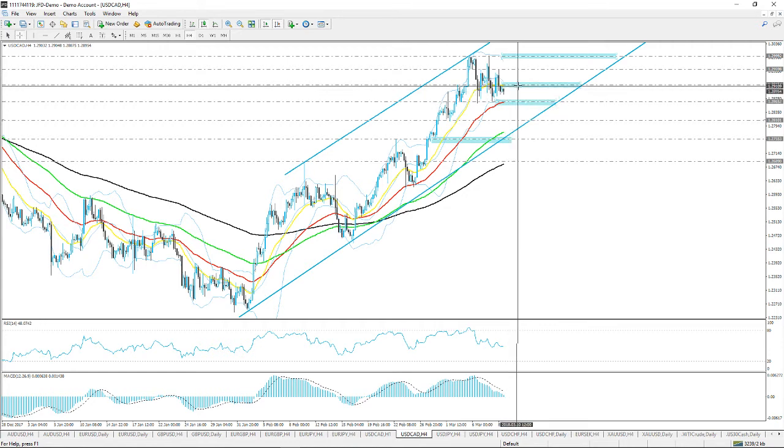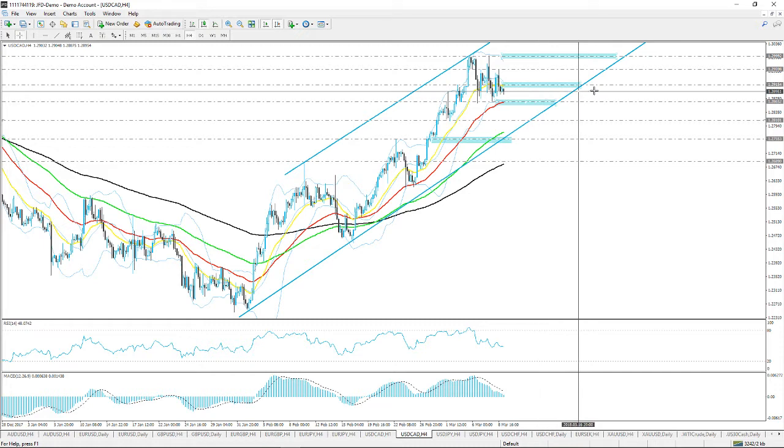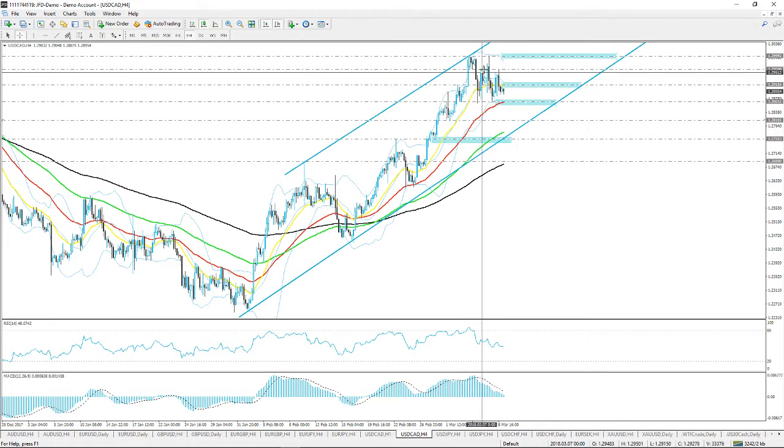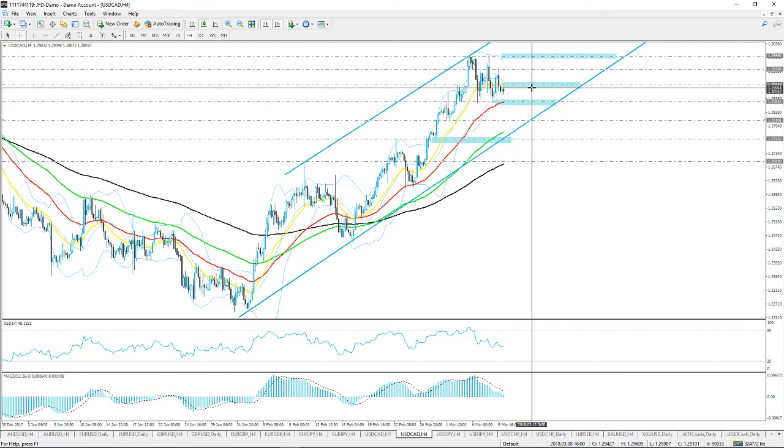On the upside, we've got the 129,150 still on our radars. That was a good level that was getting broken, and then it went up above it, then below it, then above it again. So this area is an interesting one to watch, the 129,150.